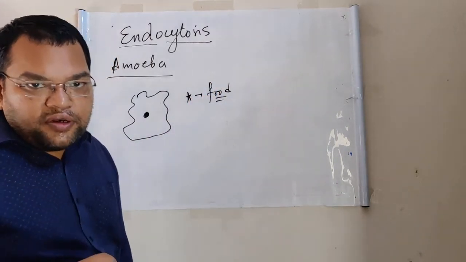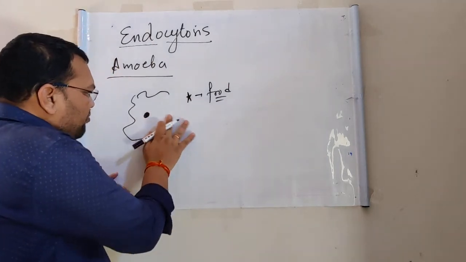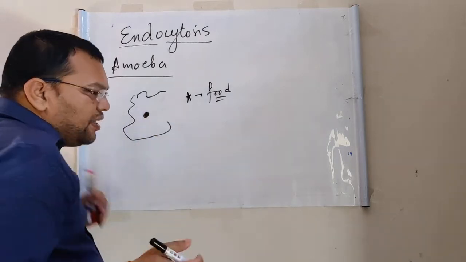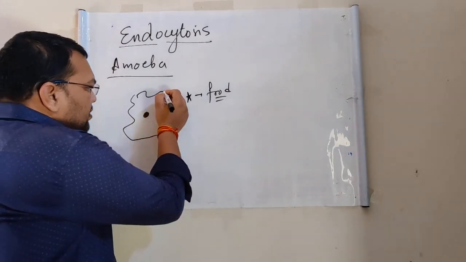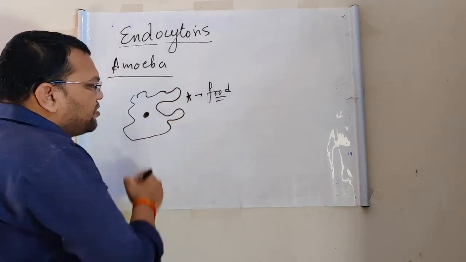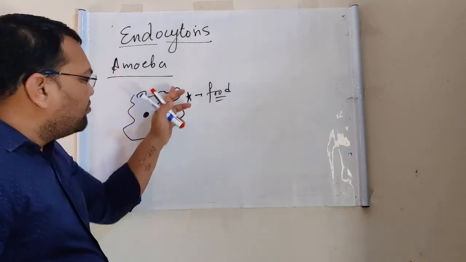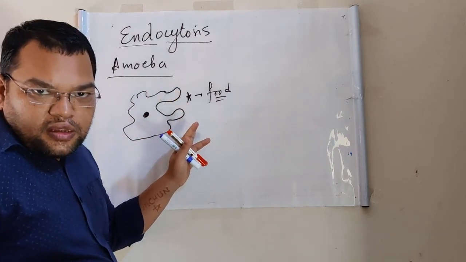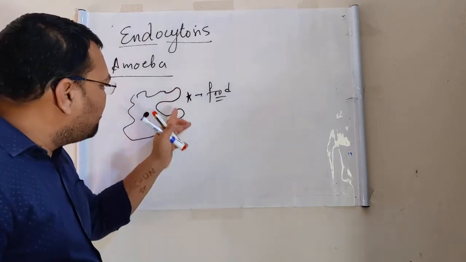Now what would happen? The plasma membrane again changes its shape, and the shape is like this. It is like two arms, but they are false arms because this is the plasma membrane.